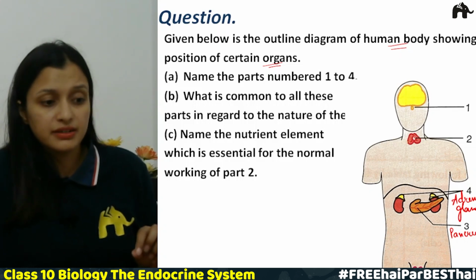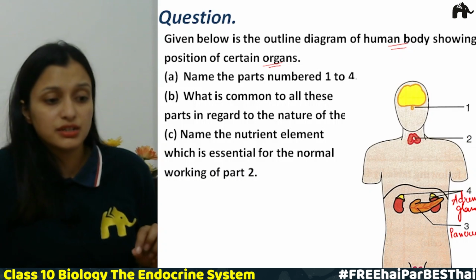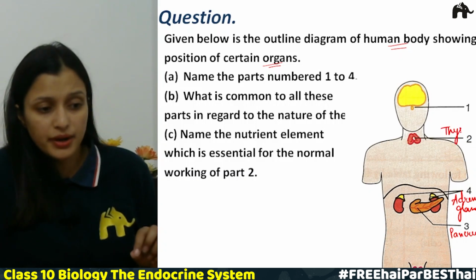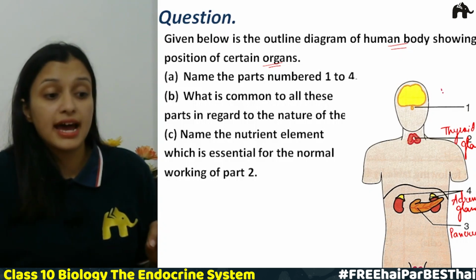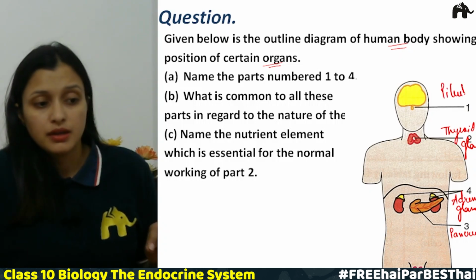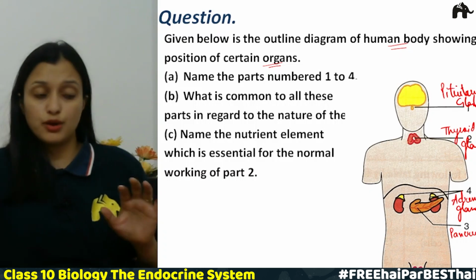Over here, in the neck region, is the thyroid gland, and this pea-sized structure is called the pituitary gland. I hope this is clear.